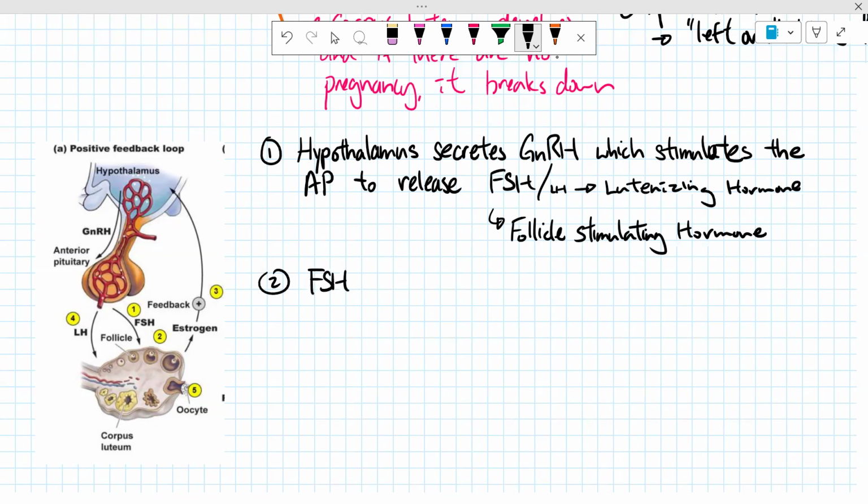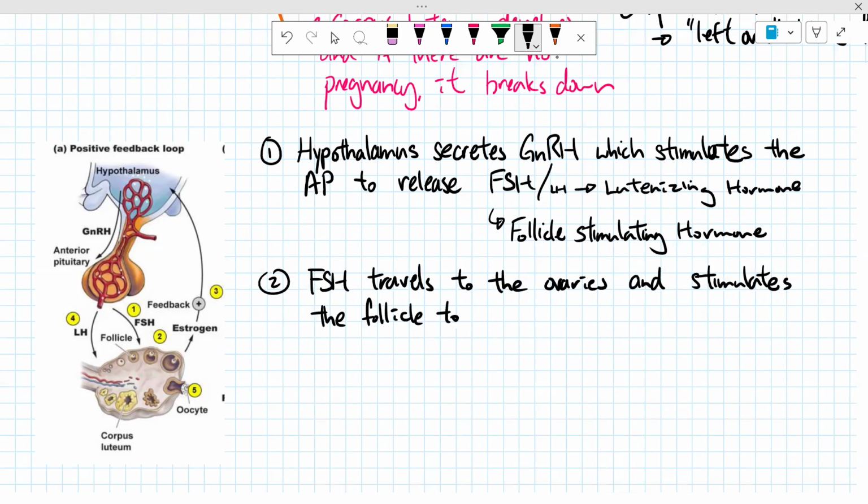So FSH travels through the blood to the ovary and stimulates the follicle to develop.